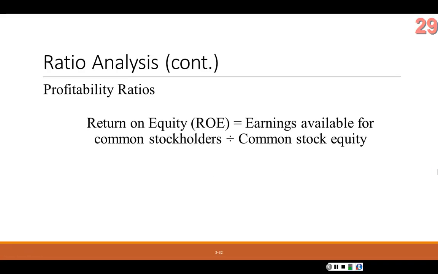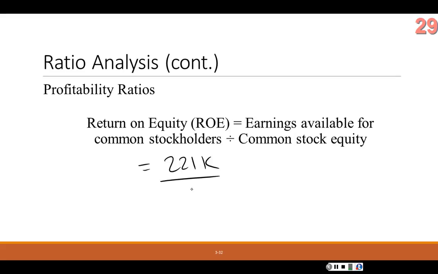Return on equity, how well is the company using owners' money, is equal to earnings available for common shareholders over common stock equity. So earnings available for common shareholders, that's found on the income statement, 221.